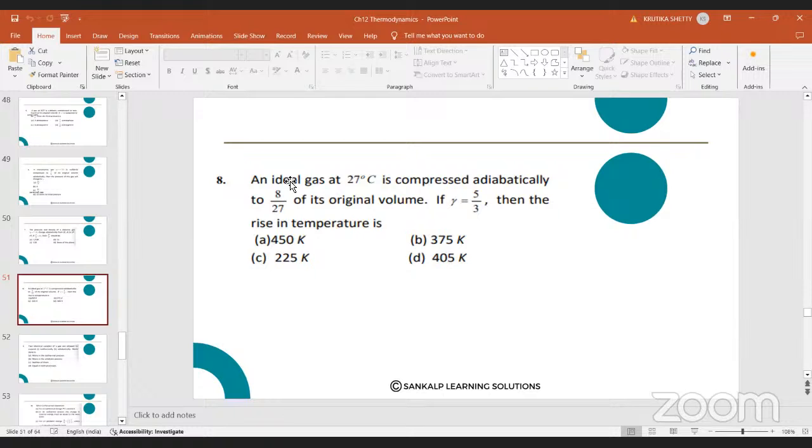So see, in terms of pressure and volume and temperature, as you know, the formula is, okay, somebody is getting the answer. Option B, let us see.